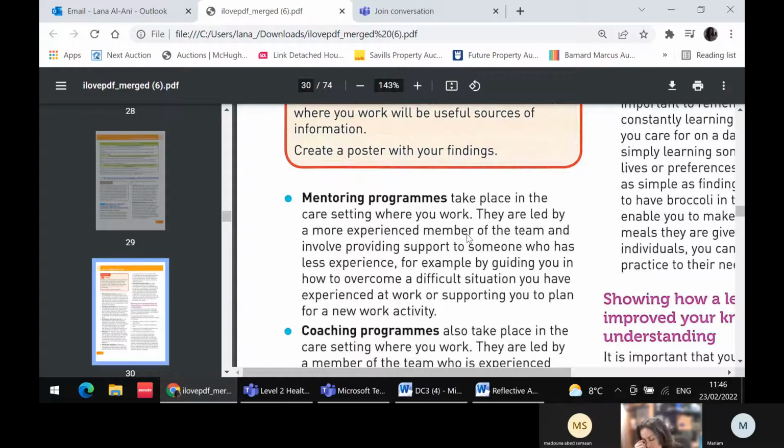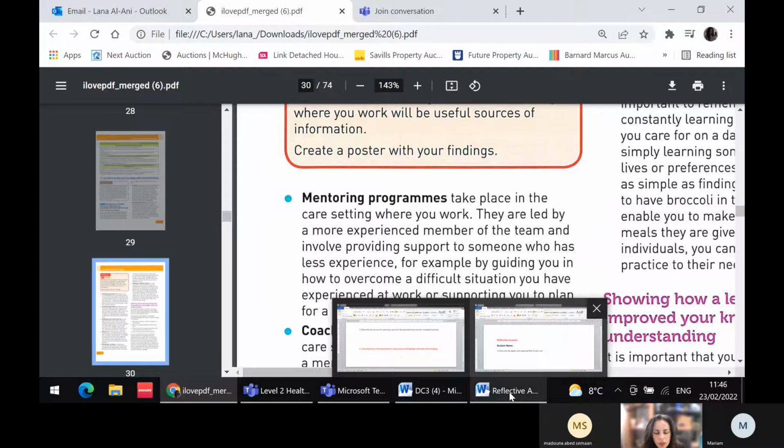And now you find it a lot easier to deal with the clients because you have a lot of skills and knowledge about how to handle them. Yes. Any example that can fit for you.